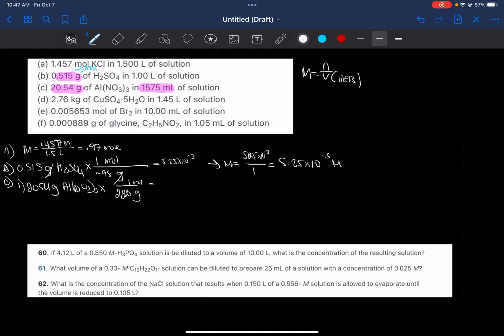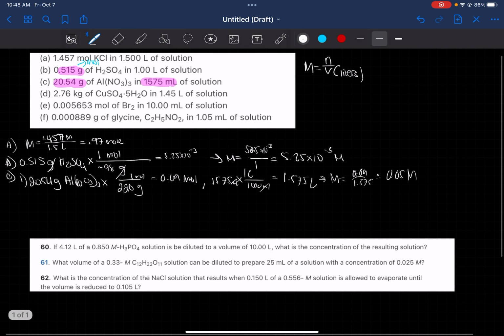Alright, C is 0.09 mole, and the second step is 1575, and for every 1 liter there's 1,000 milliliters, so this is basically 1.575 liters. So then molarity equals the amount of moles, which is 0.09 over 1.575, which equals a molarity of 0.05.